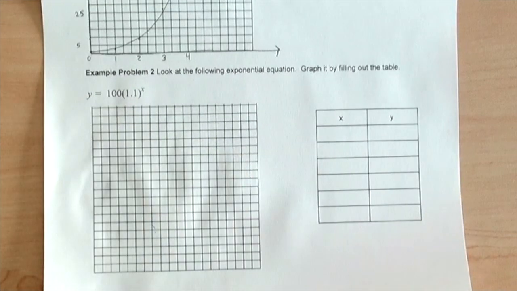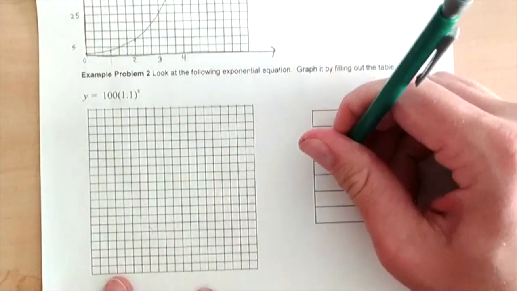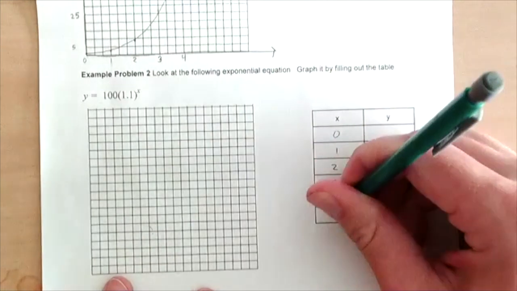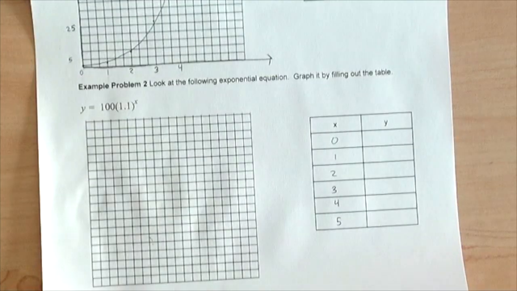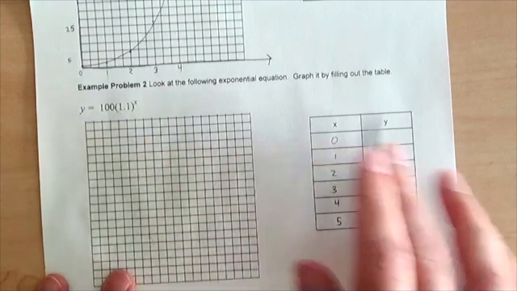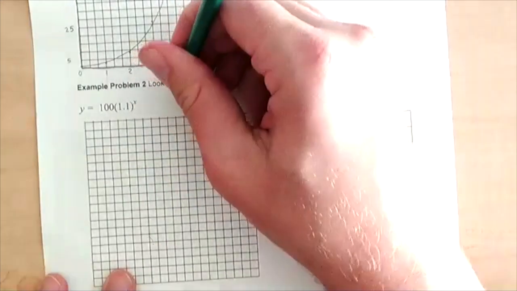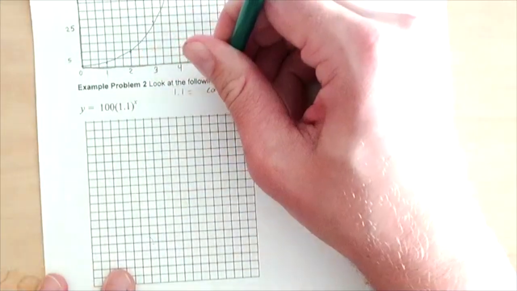Good. Okay. So let's look at the following exponential equation, and we want to graph it by filling out the table. For all of these, this is still really useful. I'm just going to do 0 and the first few integers. And no matter what these numbers are, they do the same thing to your equation always, where whatever is connected to x is the common ratio.